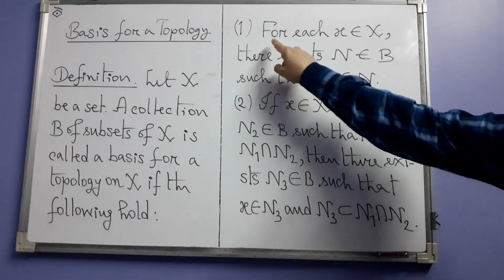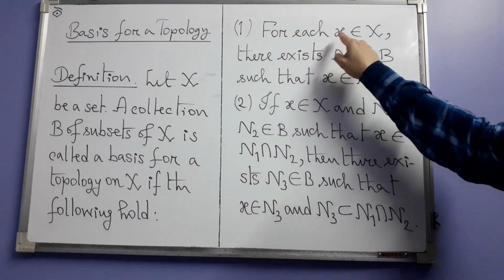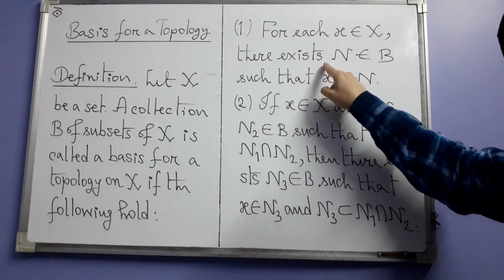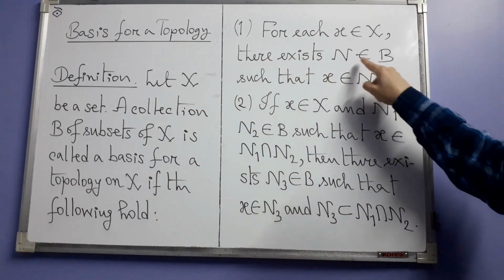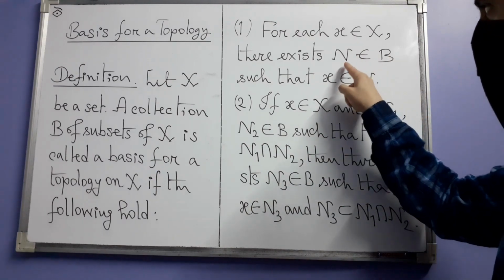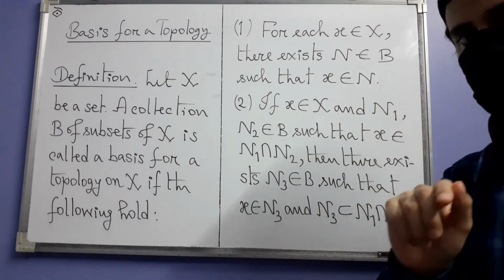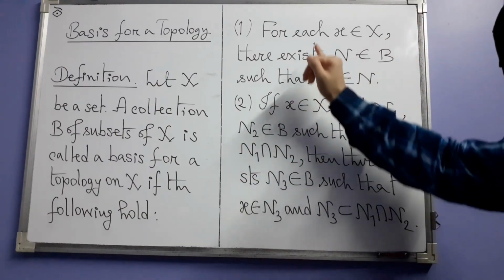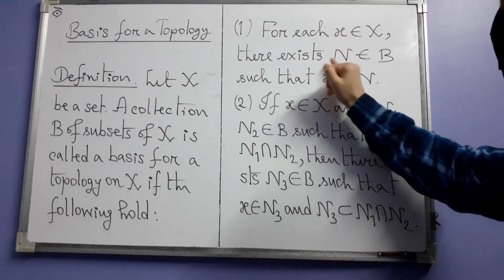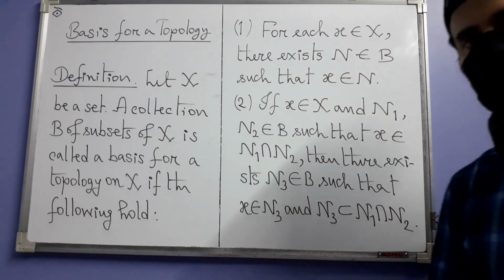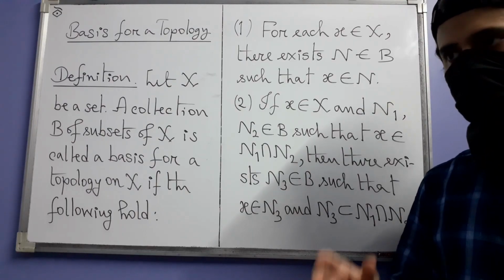The first condition is this: for each point x in the original set X, there exists a set N in B. Recall that the elements in B are themselves sets, some subsets of X. So for each such x in X, there exists an N in B such that x belongs to N. What does it mean?